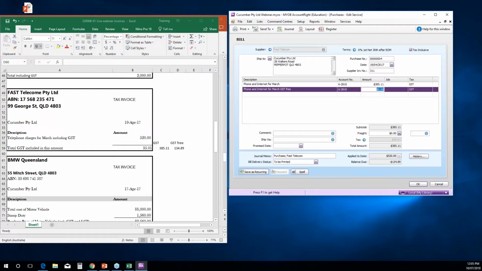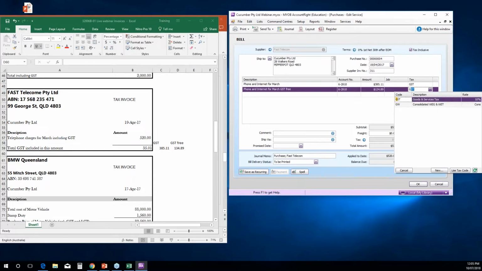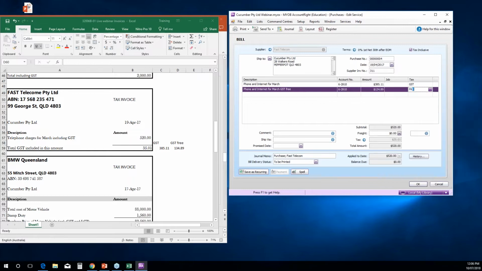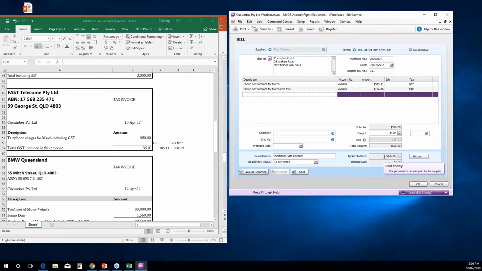And also, as you can see, there is an out of balance of 134.89. So that is the GST free component, 134 and 89 cents with GST free. So now we have no out of balance, that's it.